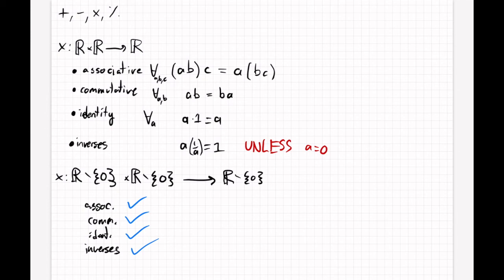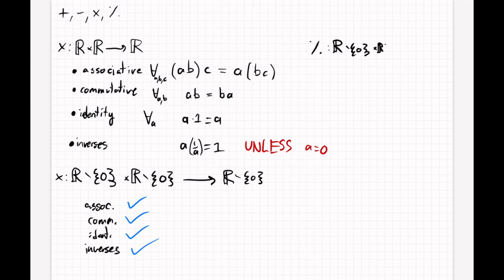And the last comment I should make is division is actually a lot like subtraction. In fact, it's exactly like subtraction. Division from R set difference 0 cross R set difference 0 to R set difference 0. Now we have to say no zeros, because we still can't divide by 0. We still don't know how to divide by 0.